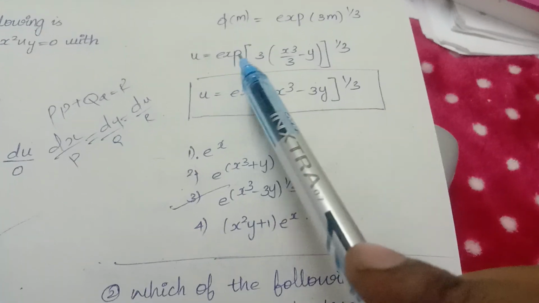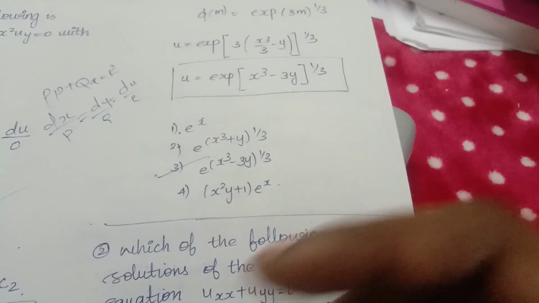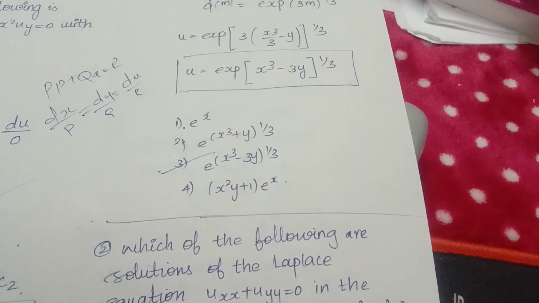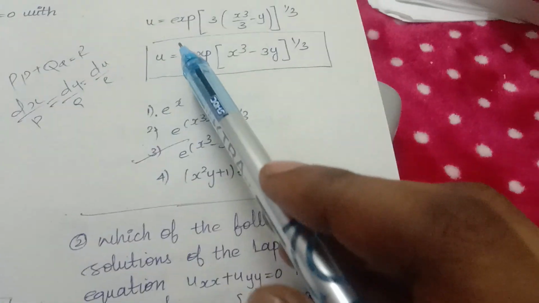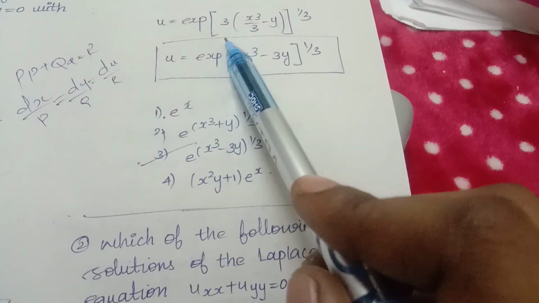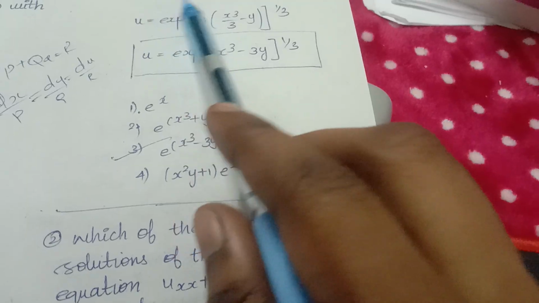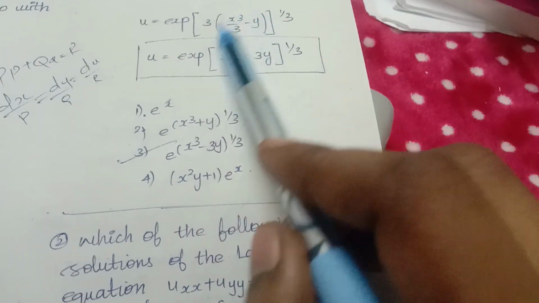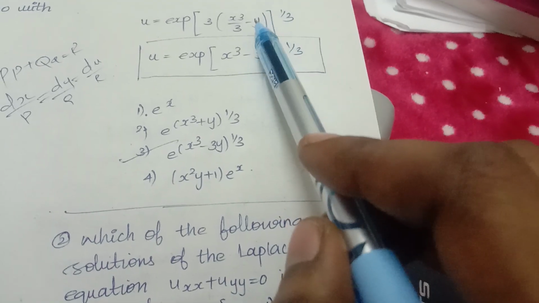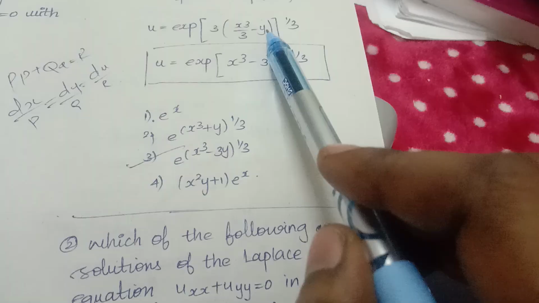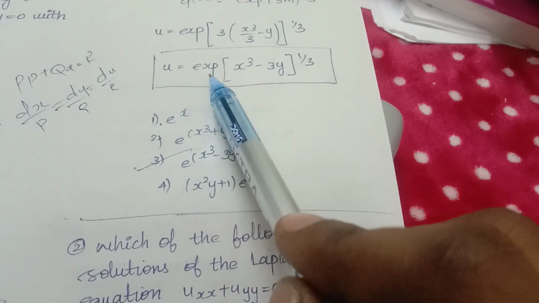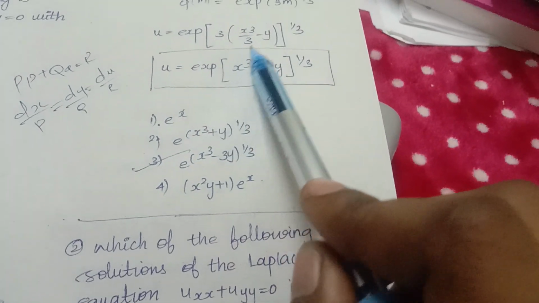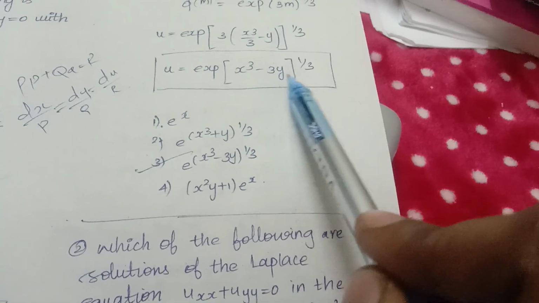Then u = exponential of 3 times m, where m = (x³/3 − y), the whole power 1/3. The 3 gets cancelled, so u = exp((x³ − 3y)^(1/3)).